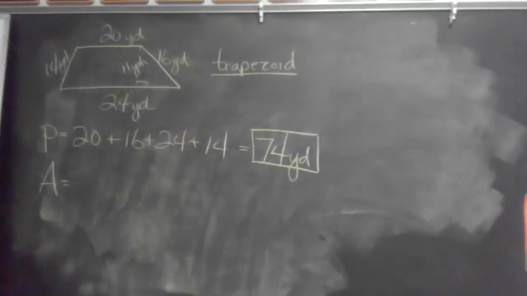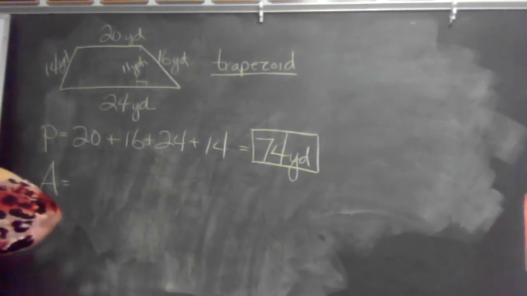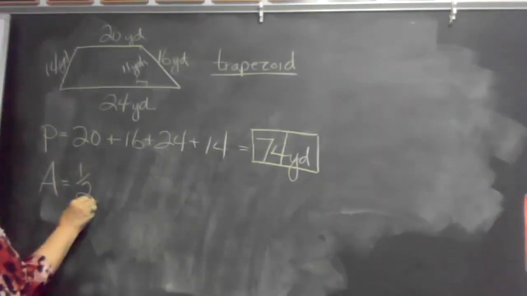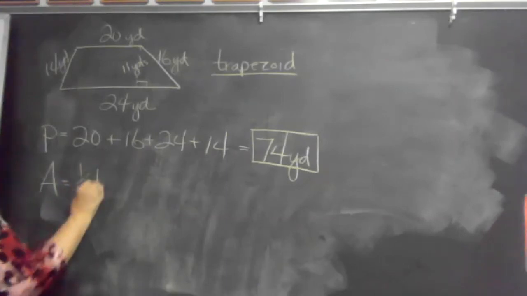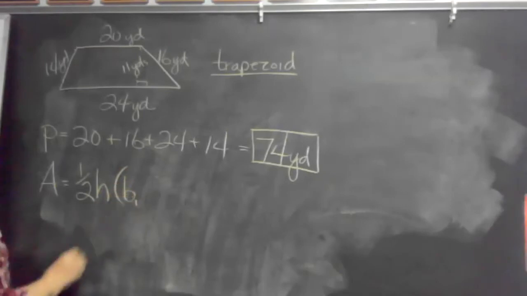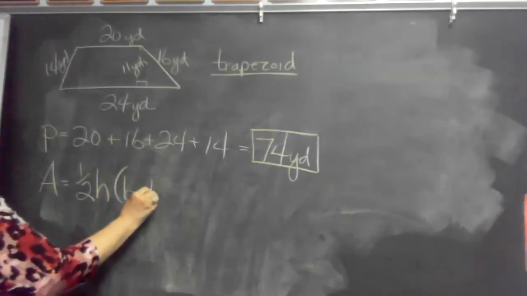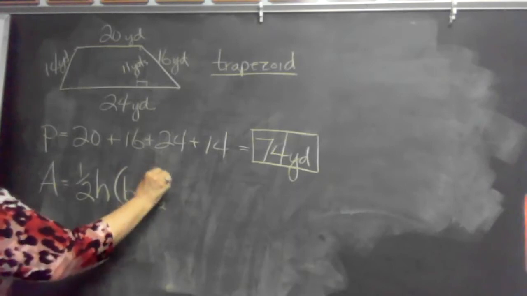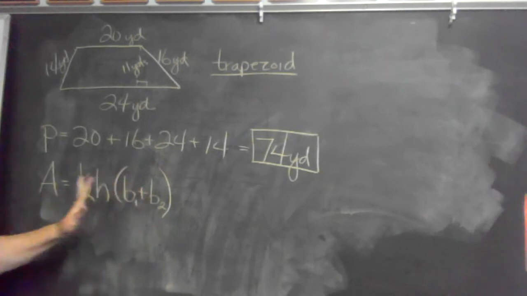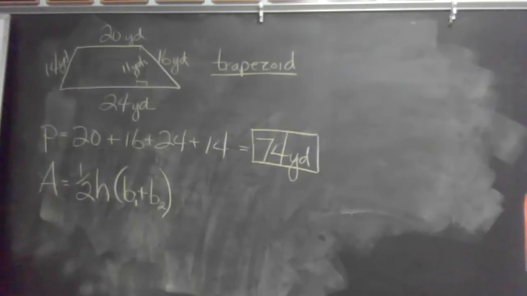Okay, area. Did you find the area of a trapezoid? Yes. Okay, give me the formula. A equals 1/2 H, and then parentheses, B1 plus B2. Okay. All right. So the reason that we wrote this is so we don't make any mistakes when we work this problem.